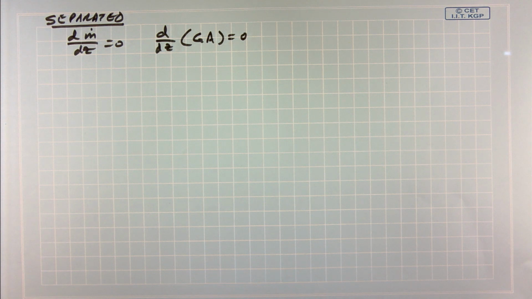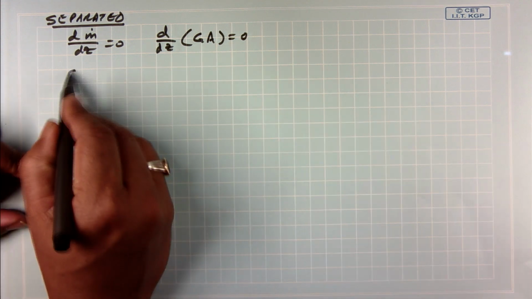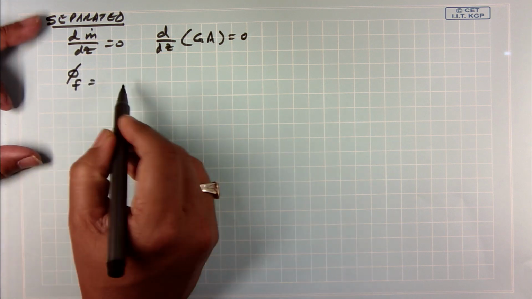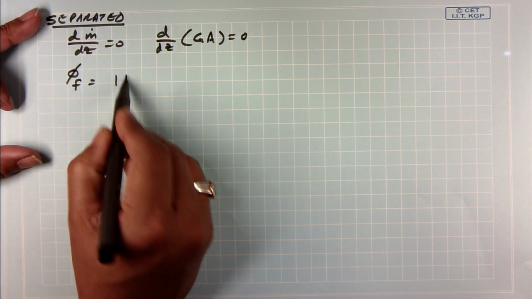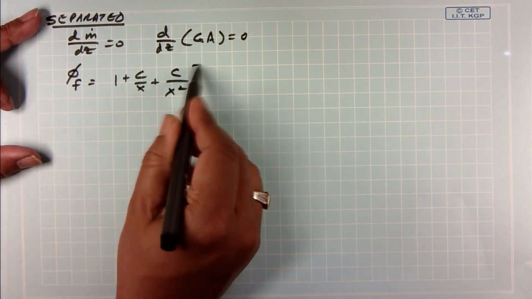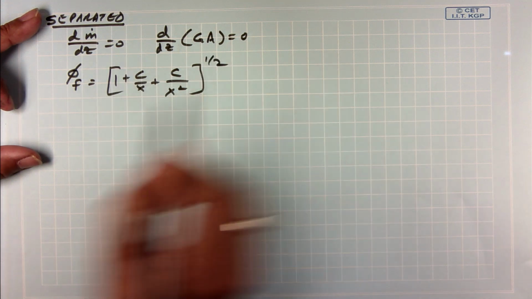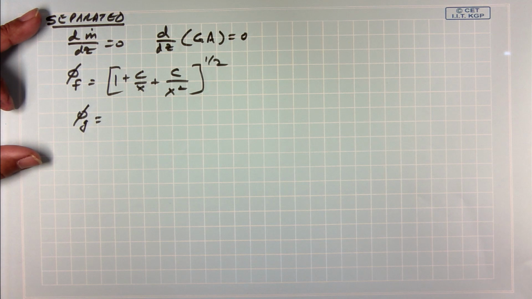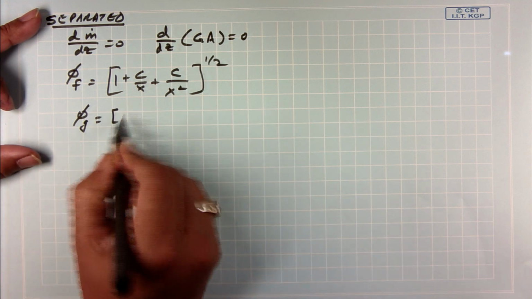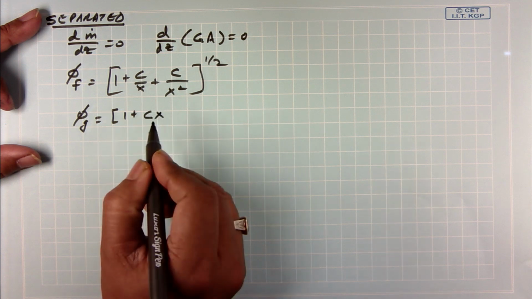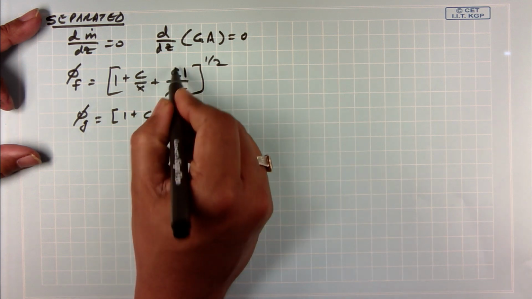So, for this type of situation, the Martinelli parameter comes in very handy. You can write your phi f to be equal to 1 plus C by X plus C by X squared, to the power of half. This is a Martinelli correlation. I made a mistake, it should be 1 by X squared, I am sorry.